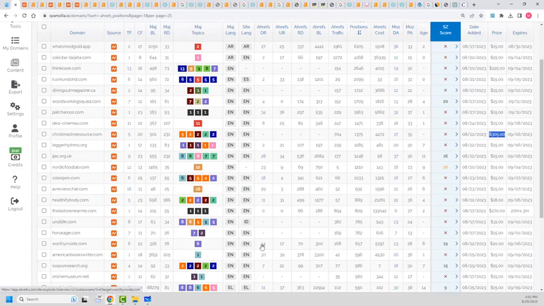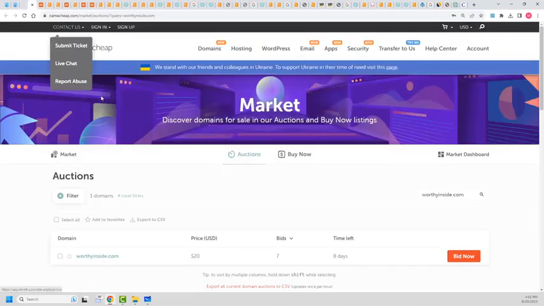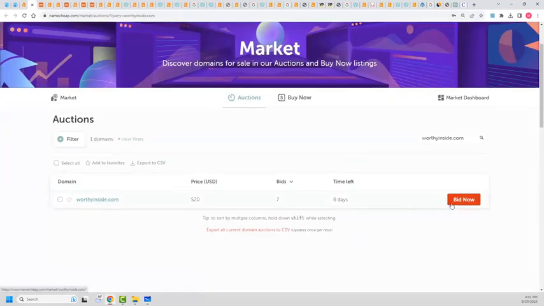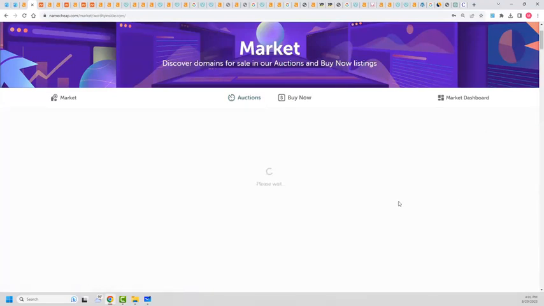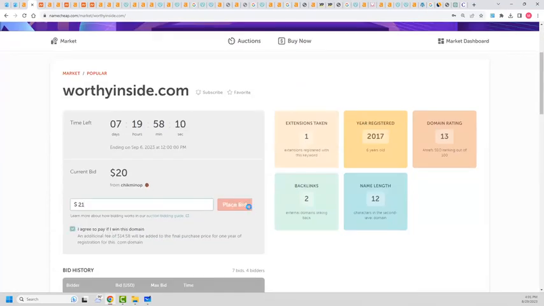Worthy Inside. Eventually, this will get sold to like a therapist or a t-shirt company. And this is probably a good one, like Worthy Inside. I like it for the name alone. I think that's cool. It's a good name. Is it worthy of my money?